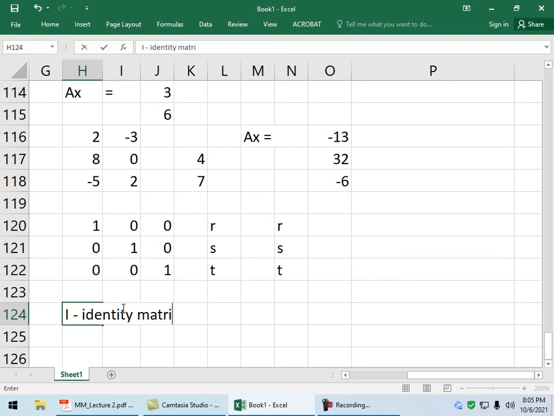So IX equals this. And as a general rule for the identity matrix, IX equals X always.